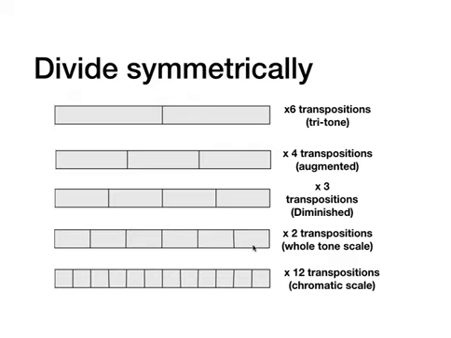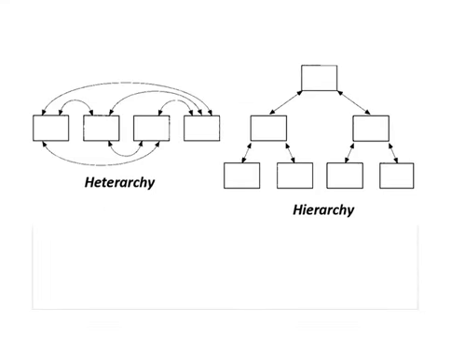There isn't really any one central tonic, same with our diminished and augmented, etc. Okay, so that's the way I like to think about multi-tonic harmony, is that the symmetry behind it essentially rules out any tonal gravity towards one note or root note or root chord. Another way of visualizing it is heterarchy versus hierarchy.